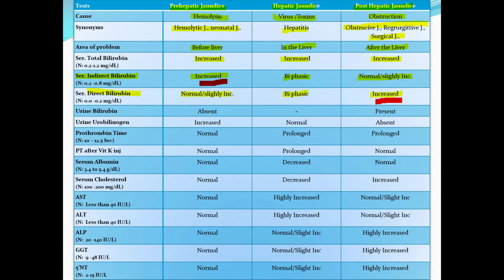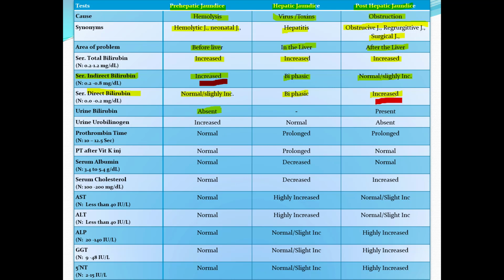These are typical markers. Urine bilirubin will be absent in pre-hepatic jaundice. This is basically because the bilirubin in the pre-hepatic jaundice is the bilirubin-albumin complex. Since albumin is not secreted into the urine, it cannot be present in the urine.